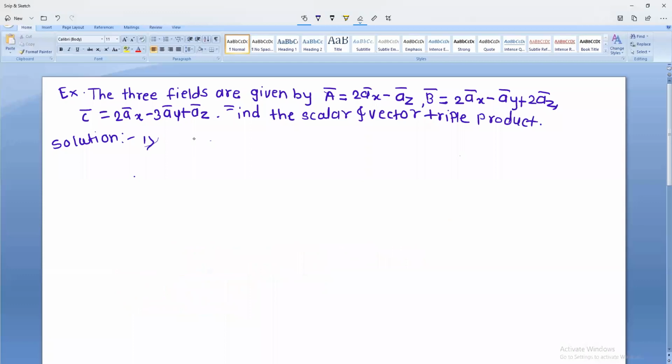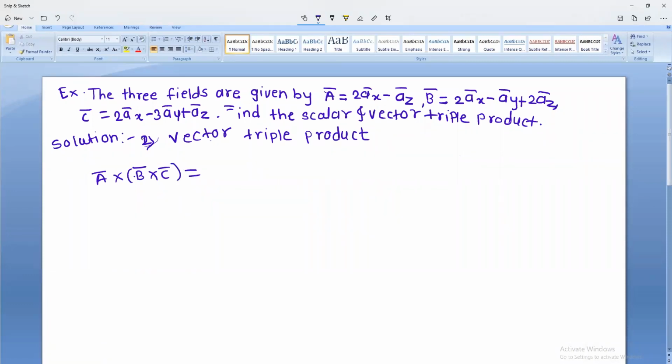Now second one is vector triple product. So what is the formula for vector triple product? A bar cross B bar cross C bar is equal to.